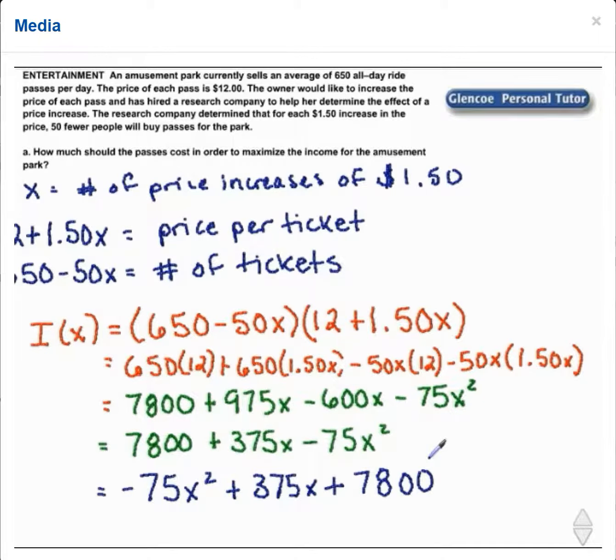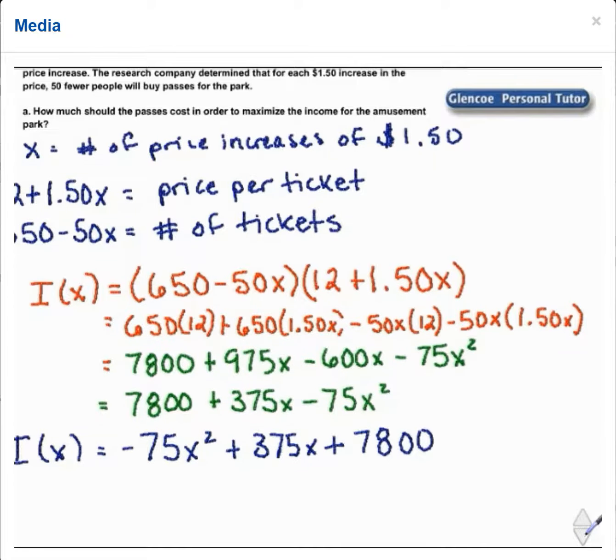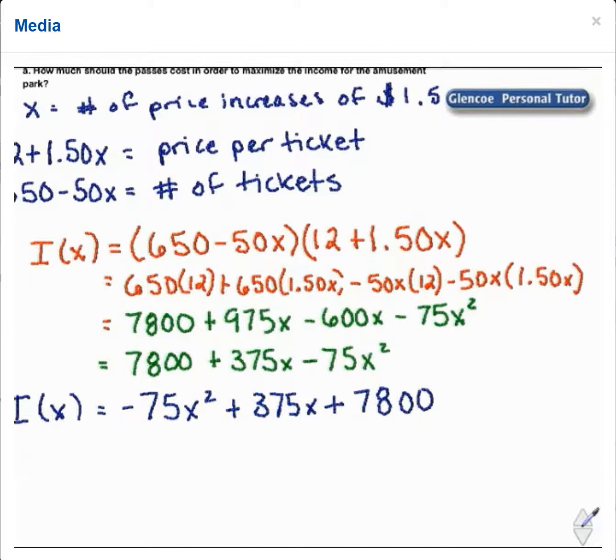Now if you notice, this is our function I of x. I of x is a quadratic function, and so we have terms a, b, and c here. Our a equals negative 75, b equals 375, and c equals 7,800.